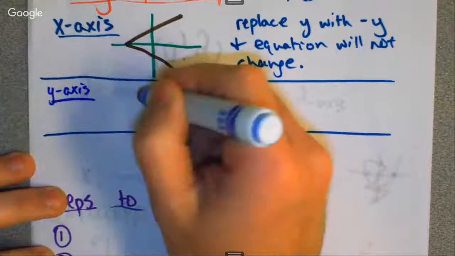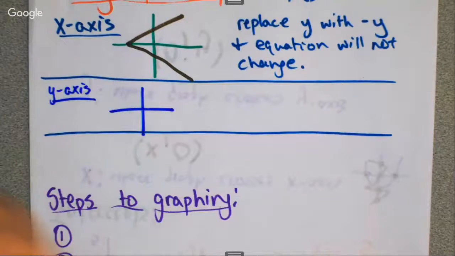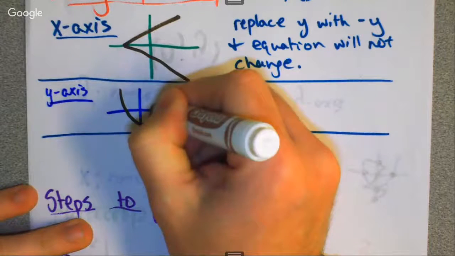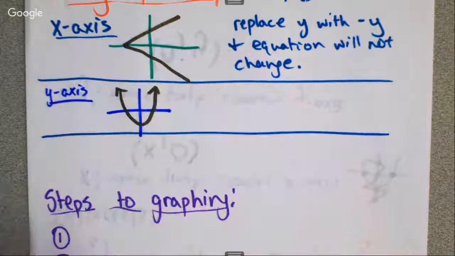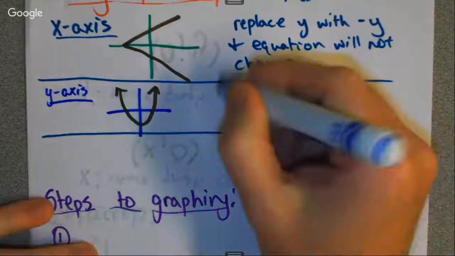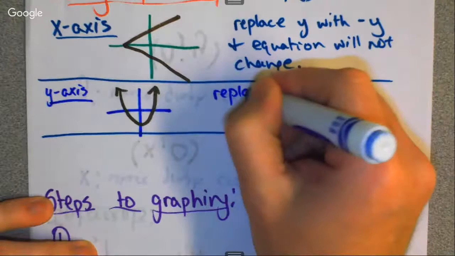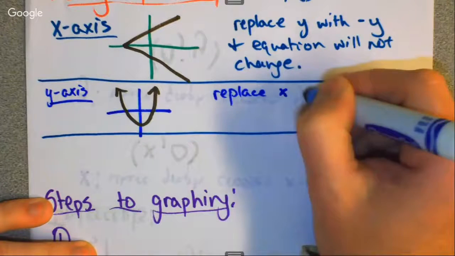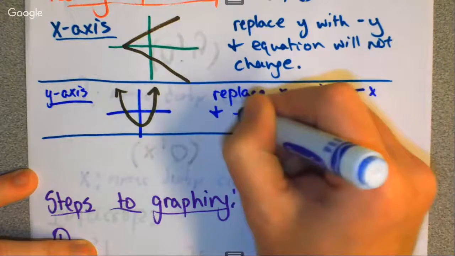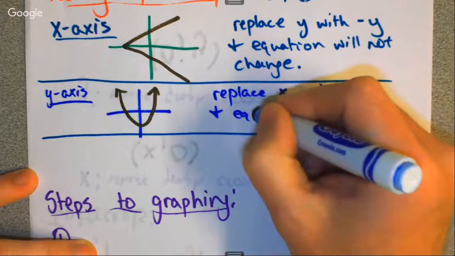That is maybe something like this, just a simple parabola shifted down. So in this case, you're going to replace x with negative x, and the equation will be unchanged.